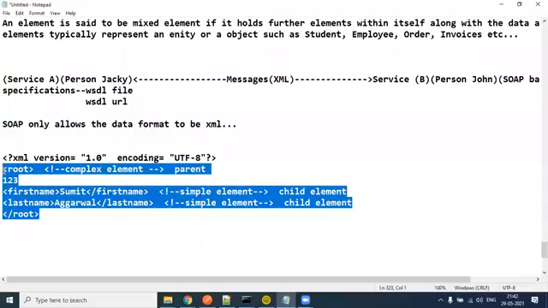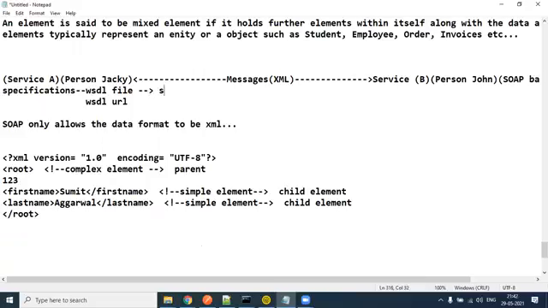So a service consumer always needs to ensure that the data being sent is in compliance with the specifications defined in a specification file, which in this case happens to be a WSDL. Within the file, there will be a section called the schema section.